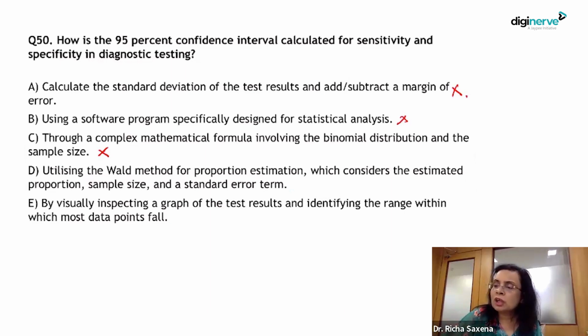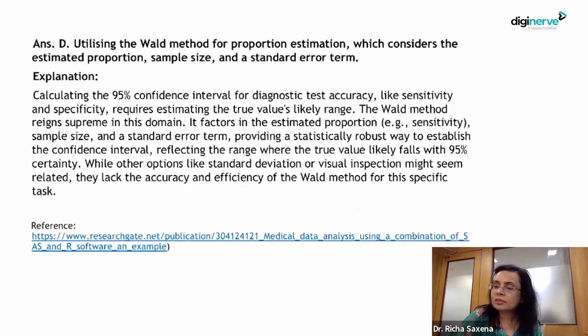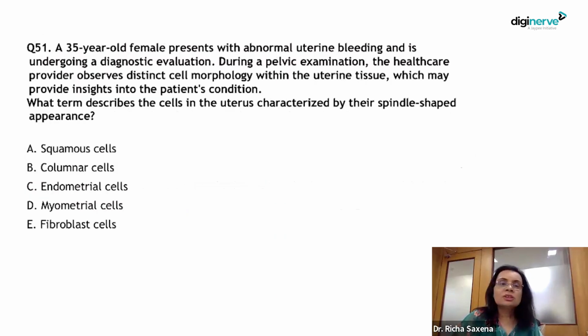Yes, this is what the formula comprised of: the standard error of mean, the sample size, and the estimated proportion. The estimated proportion was the Z value. Then, by visually inspecting a graph of the test results and identifying the range within which most data points fall. This is also not correct. So the answer becomes B.